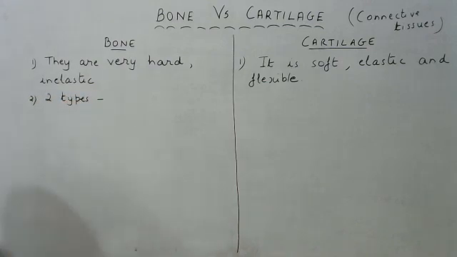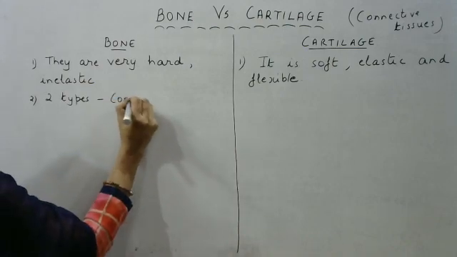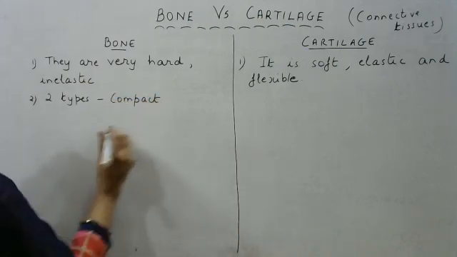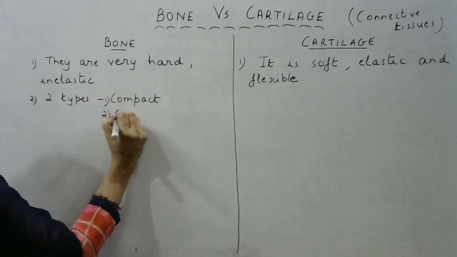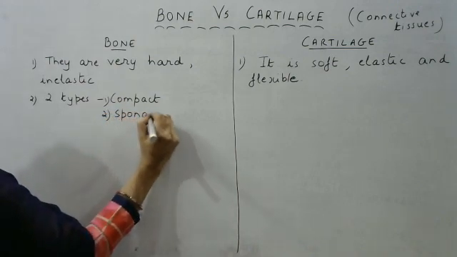Now, second point of difference between bone and cartilage, bones, they are of two different types, and these two types are compact. The first type is compact bone, and the second type we can say is spongy bone.